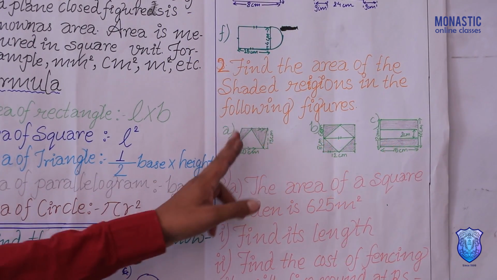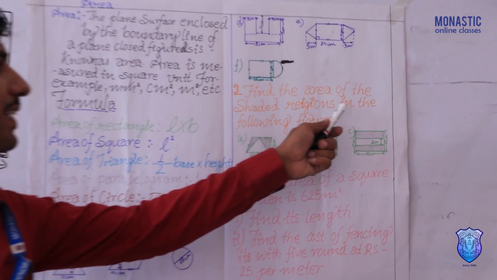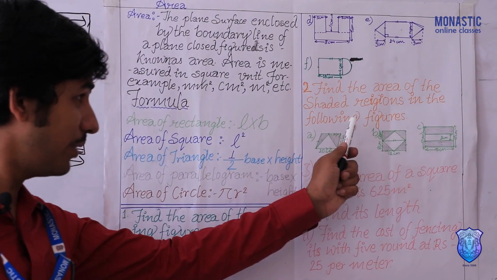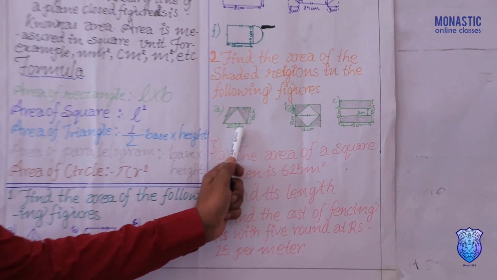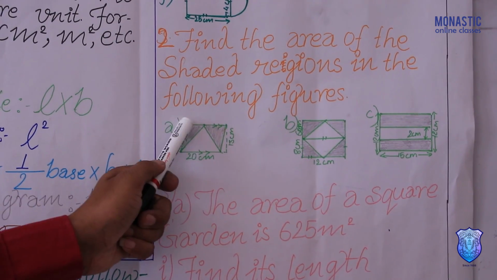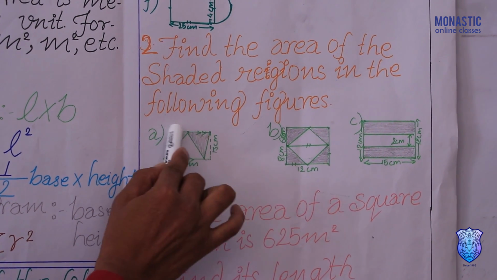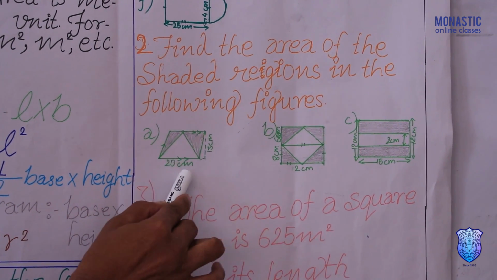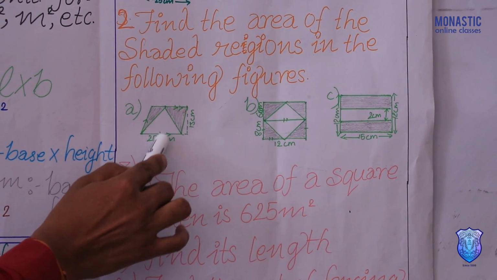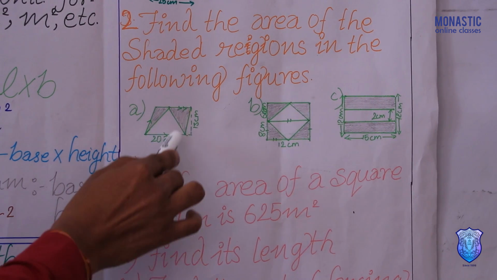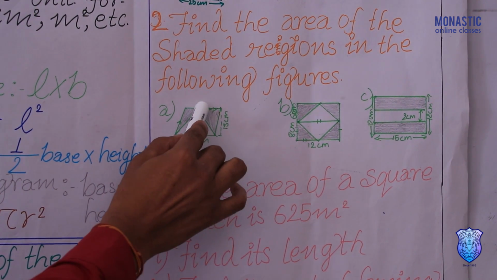Okay, see, number 2. The question is: find the area of the shaded region in the following. It means first of all you have to see the figure. What I find in this figure is that this whole part is a parallelogram. That's why first find the area of the parallelogram. After that, we have to find the area of the triangle.